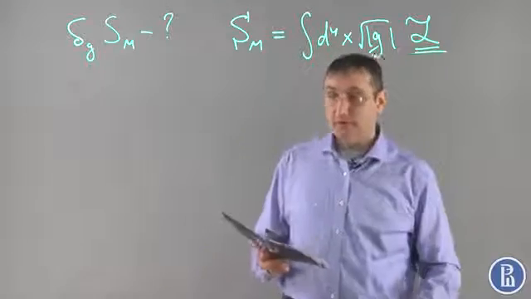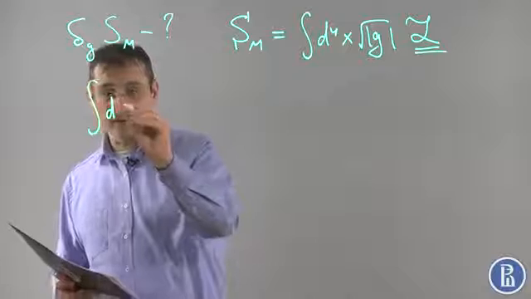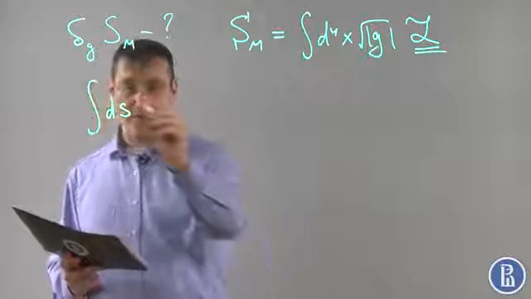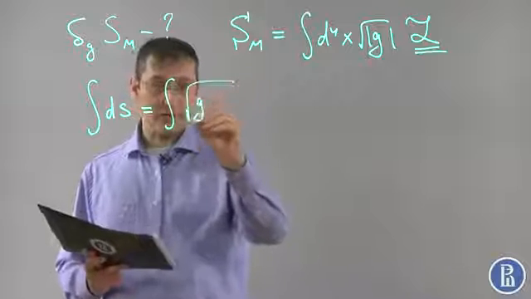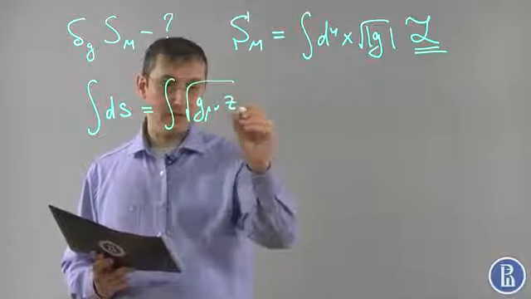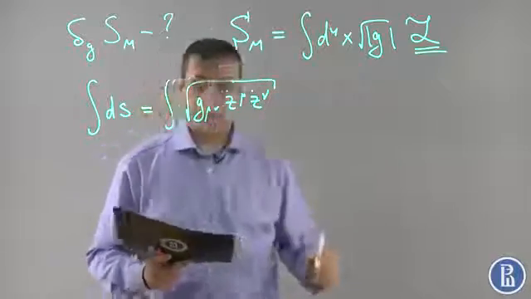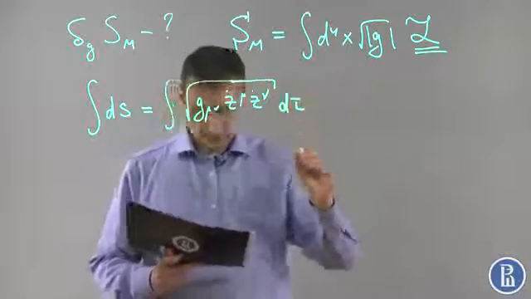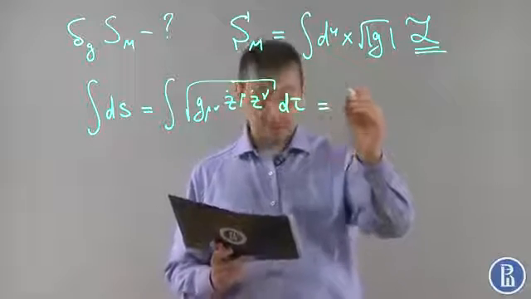For example, the action for the particle, which is proportional to the integral over ds, which is the integral over the square root of g mu nu z mu dot z nu dot over d tau. This can be represented in such a form with the use of the delta function.